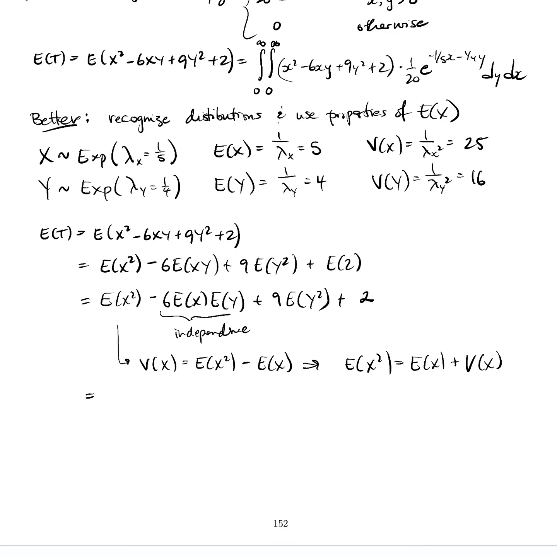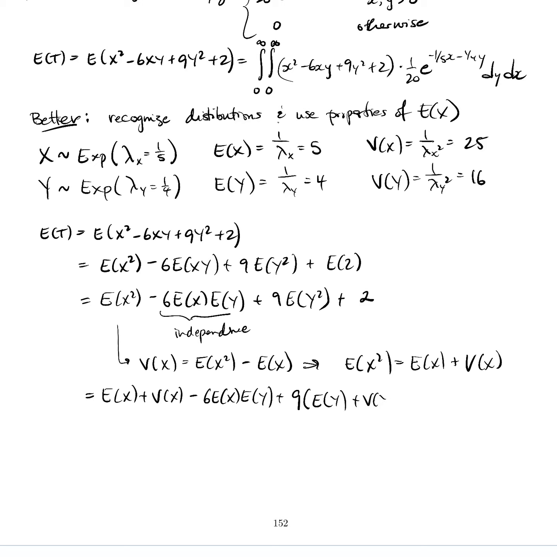Our E of X squared is going to be E of X plus V of X, minus, and we'll just recopy the terms that we already have here, E of X times E of Y plus 9 times, and we'll do the same thing for E of Y. We'll use this same little trick. So we'll open a bracket here. That's going to be E of Y plus V of Y, and then plus 2.